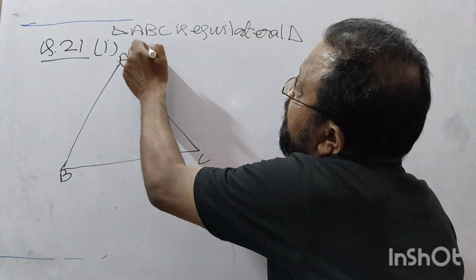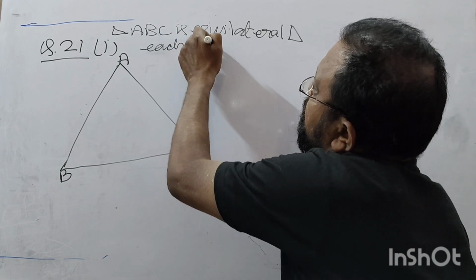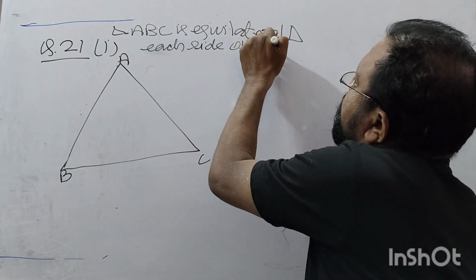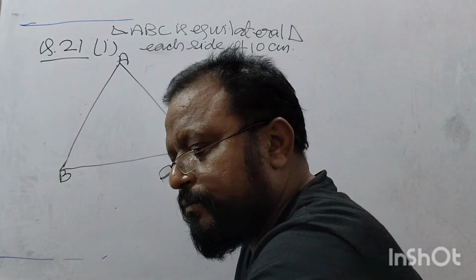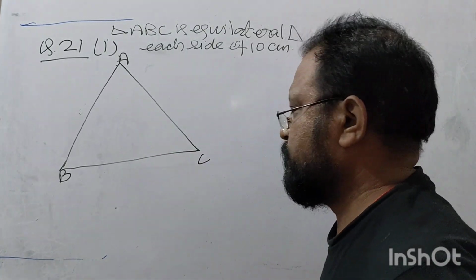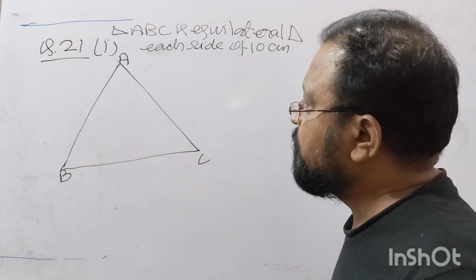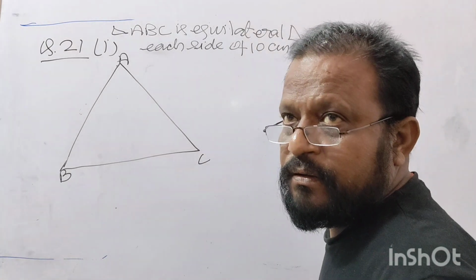So each side of 10 centimeter, right? In triangle BCD, angle D is 90 degree. BCD is where?